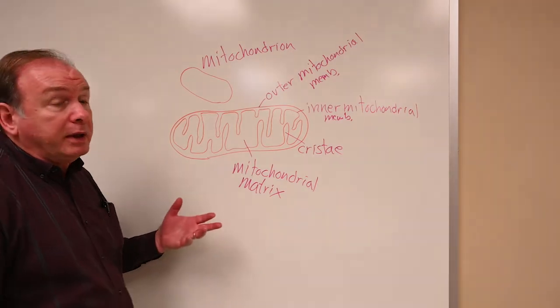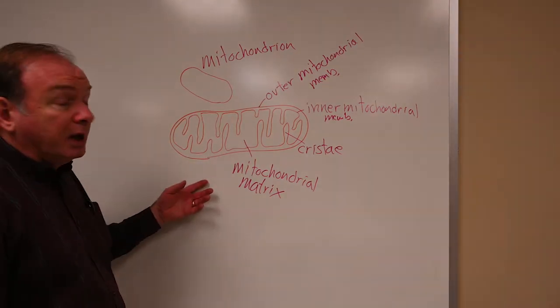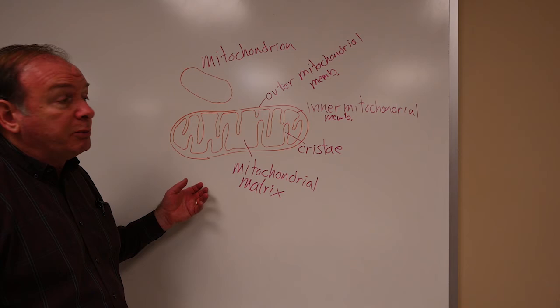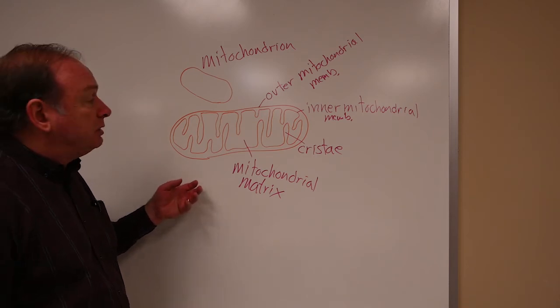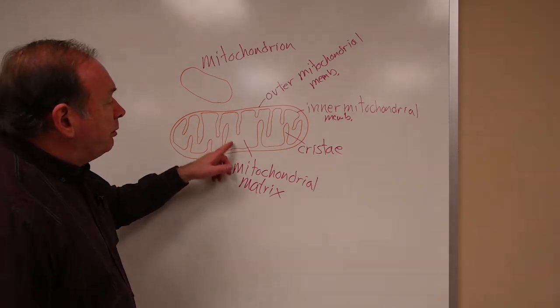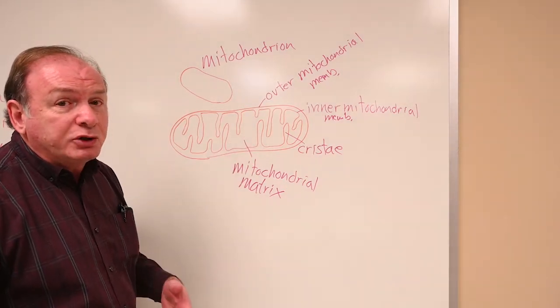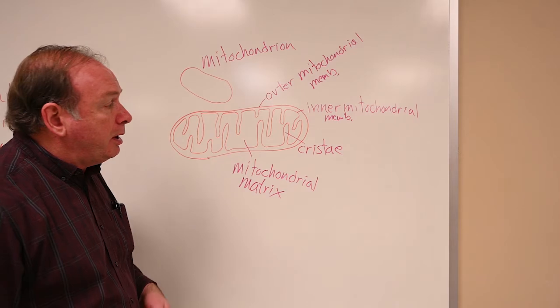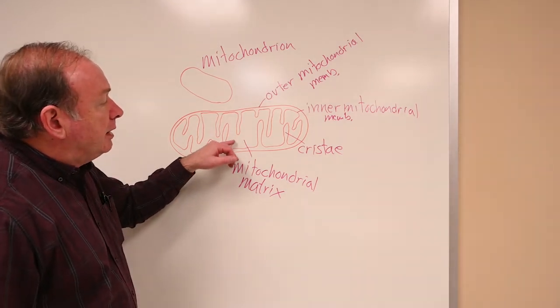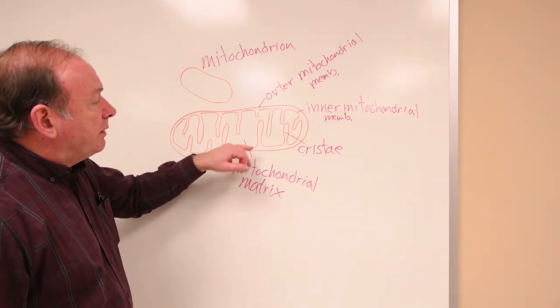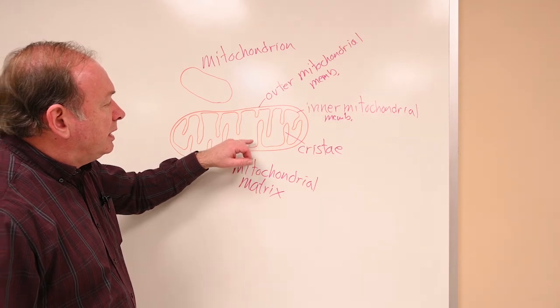Now we often refer to this as the powerhouse of the cell because this is where ATP is produced by aerobic cellular respiration. Along these inner membranes, we have the mechanism we know as the electron transport chain, an important part of our energy producing pathways, so that's what's going on in here.